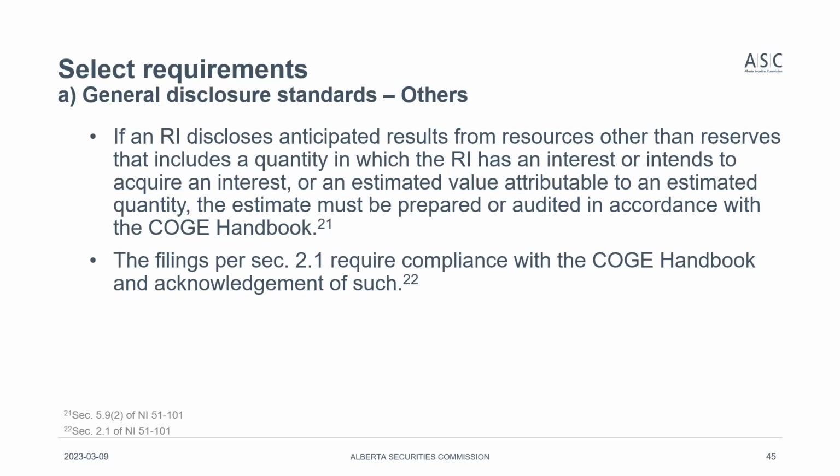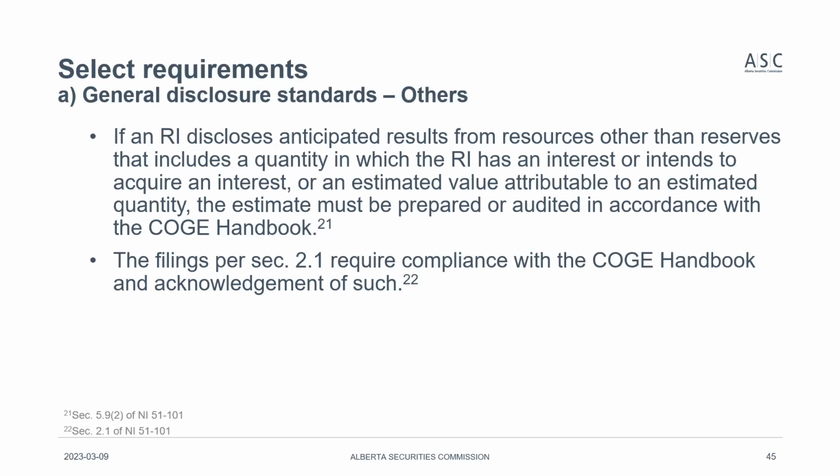When you look at Part 5, this is talked about in section 5.9. We talk about it in relation to contingent resources and prospective resources, but it's really any resources other than reserves. Any volumes or values of those must be prepared, so it's not just reserves, but also resources other than reserves, prepared or audited in accordance with the COGE Handbook.